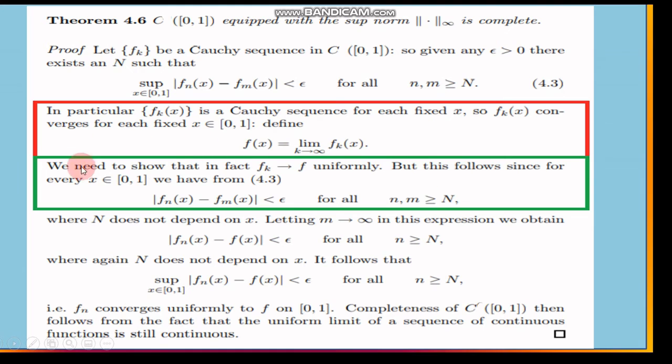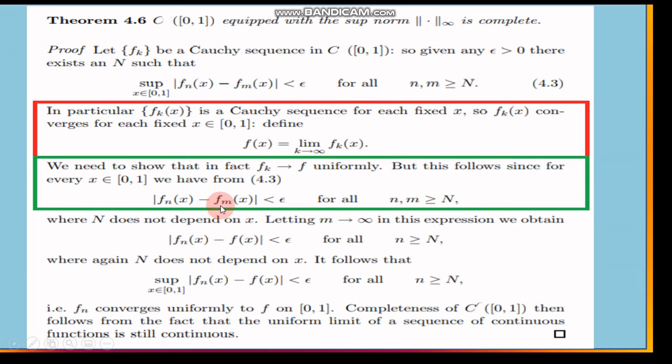Now let's suppose for every x belonging to the closed interval [0, 1], we have modulus of f_n(x) minus f_m(x) is less than epsilon for all n, m greater than or equal to N. We have this for every x by this condition. Is N depending on x? No, N does not depend on x, right?